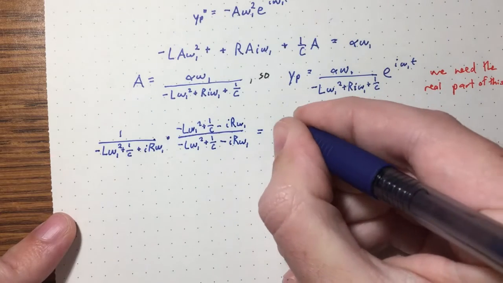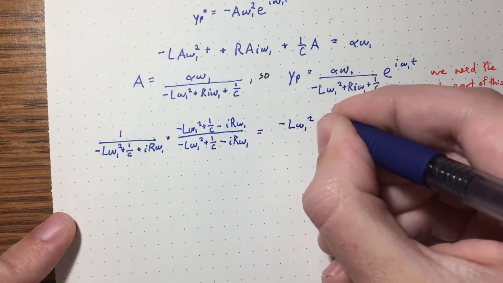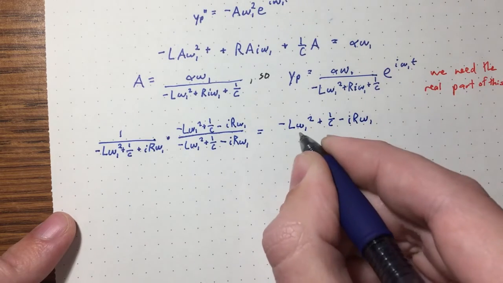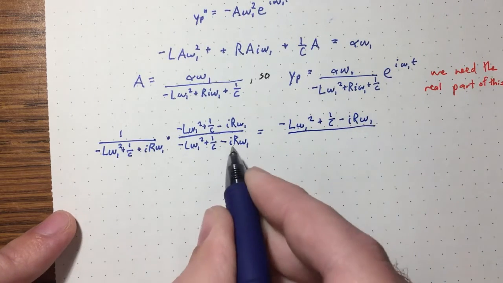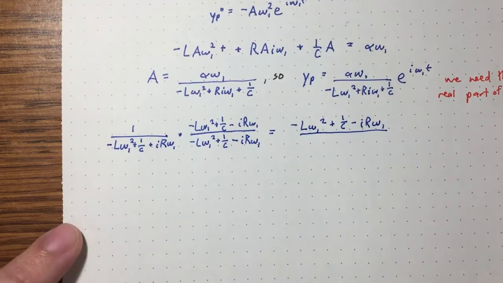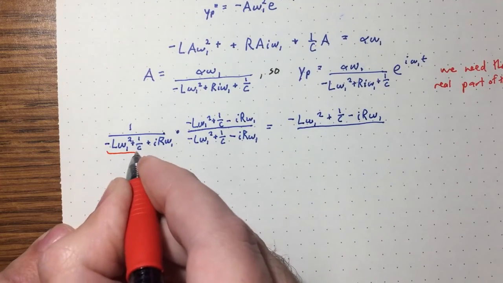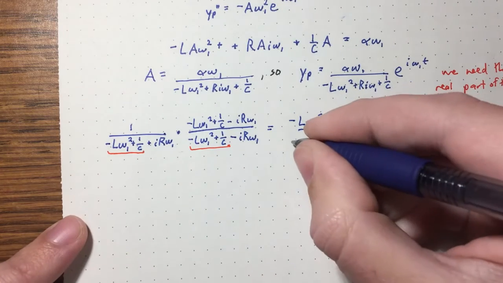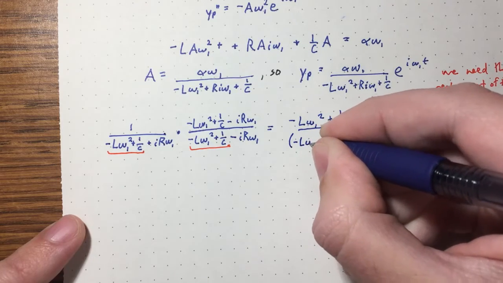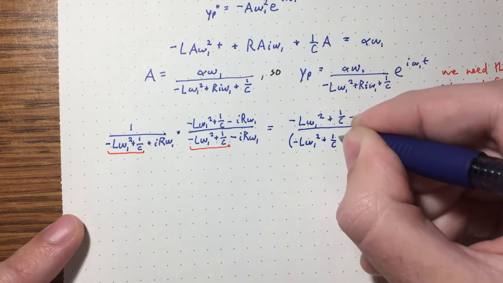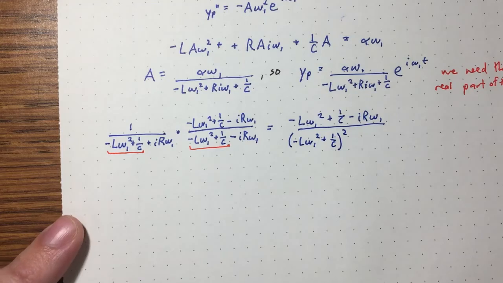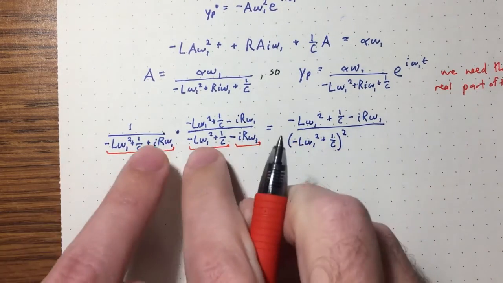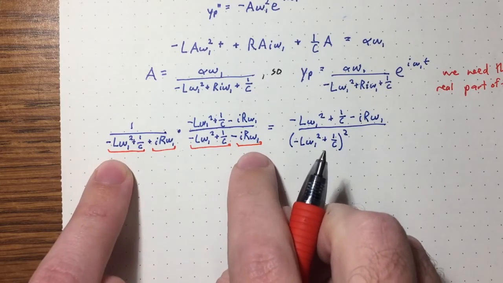Okay, and what we get is, in the numerator, we just get this. And then in the denominator, something nice happens. If we did this right, all the imaginary parts should cancel. So what is the real part going to be? Well, it'll be that one times this one, which I can just write as this quantity here squared. And then I will also get something real from this one times this one. And the other two combinations will cancel.